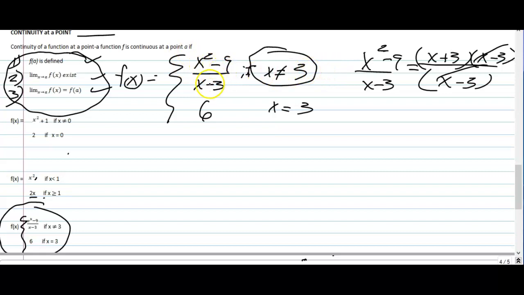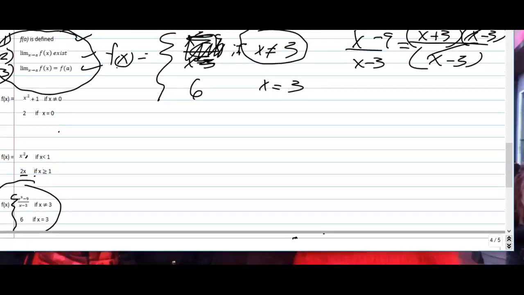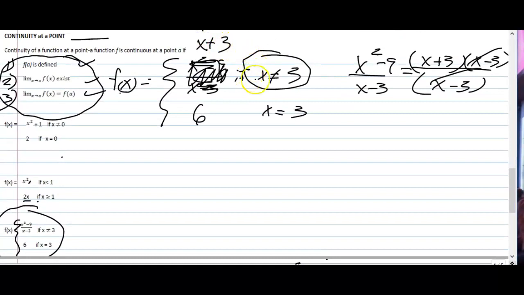So x squared minus 9 over x minus 3 simply becomes x plus 3. So the function f of x is actually equal to x plus 3 as long as x is not equal to 3. When x is equal to 3, the function f of x is equal to 6.